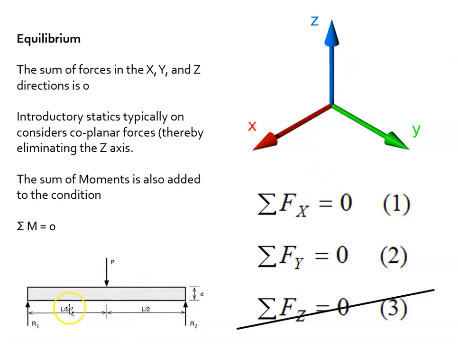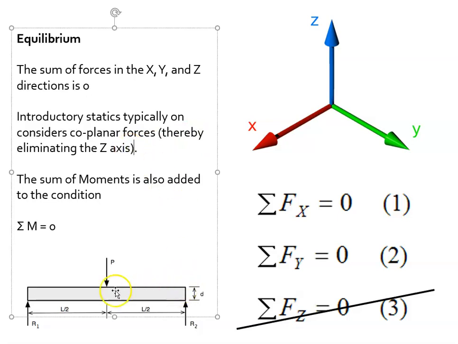So here's a beam, for instance. So in the world that we're talking now, x is the horizontal direction, y is the vertical direction, and z would be that third dimension, which in this case it actually doesn't really apply. So in introductory statics, it only considers coplanar forces, thereby eliminating the z-axis.